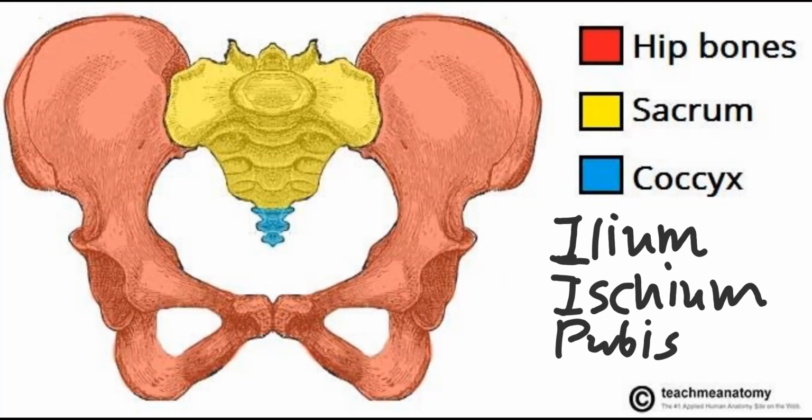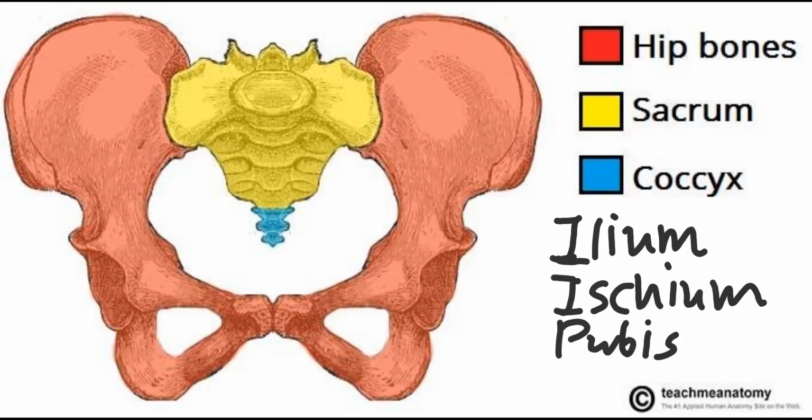Actually these are 3 bones, but they become so firmly fused with each other that you cannot recognize which is which. So it is one bone called the coxal bone.